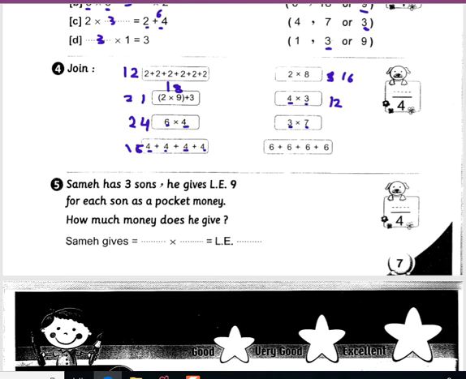We will say 7 plus 7 plus 7 equals 21. Here we have 6 plus 6 plus 6. Here we have 6 plus 6 plus 6 plus 6 equals 24.